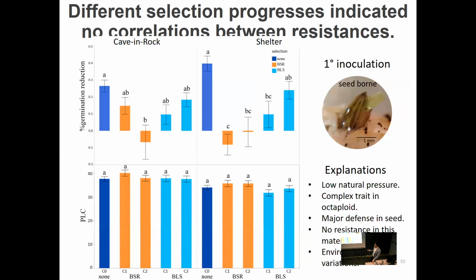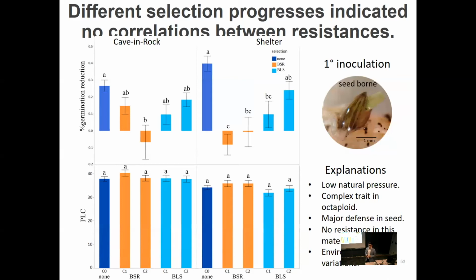Although there's a reduction here, there's no significant difference from the base population. So at this point, I made significant progress in the resistance to Bipolaris seed rot, but I didn't make any progress in Bipolaris leaf spot.